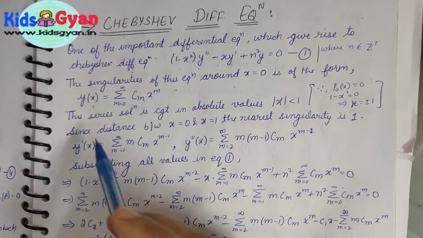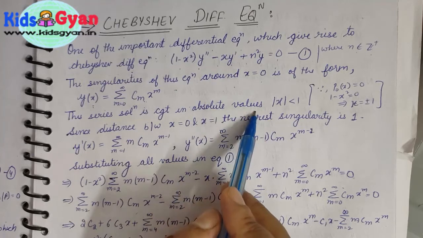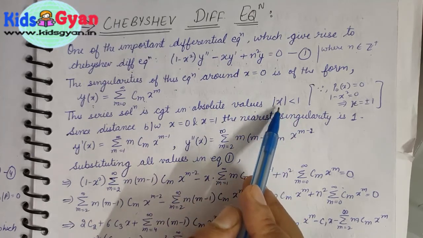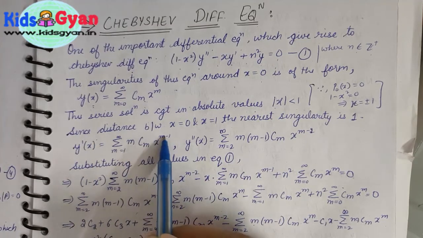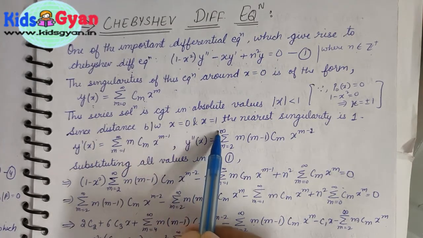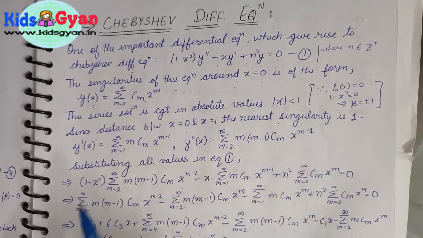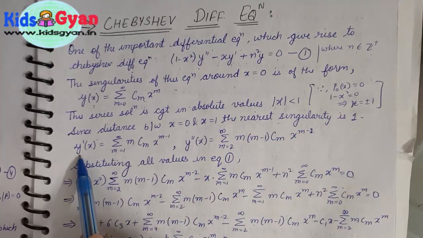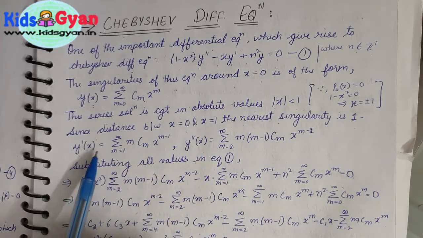This series solution is continuous for absolute value of x less than 1, since the distance between x = 0 and the nearest singularity, x = 1, is 1. Now we can find y'(x) and y''(x).